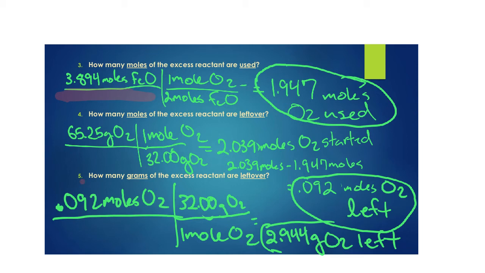And then finally, the very last question is just a simple conversion back into grams of oxygen. So hopefully this is making a little bit of sense. Some practice is really going to help solidify this topic. Before we're done, though, we're going to go into one more topic, which is more applicable to some of the labs. So stay tuned for the next couple of slides.